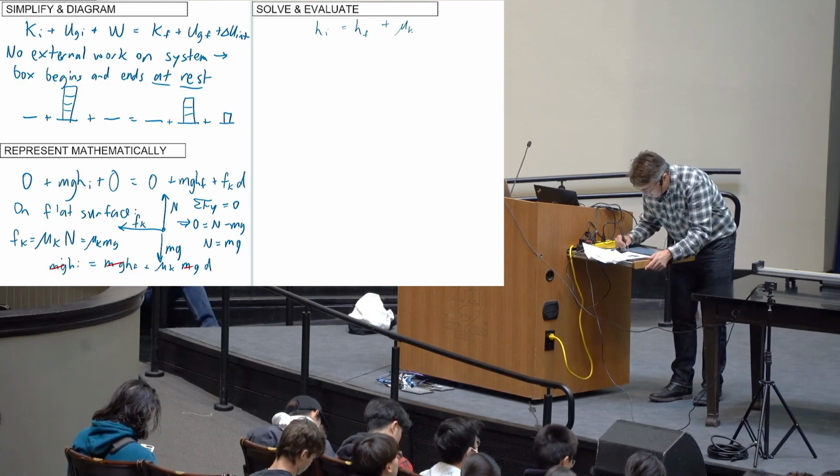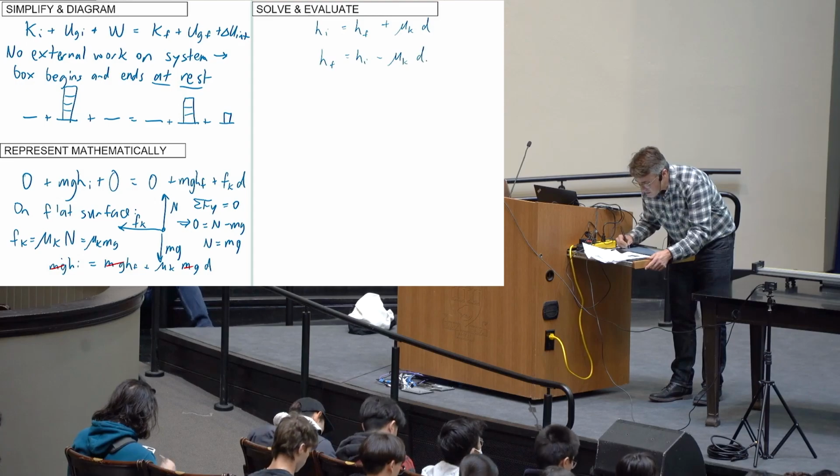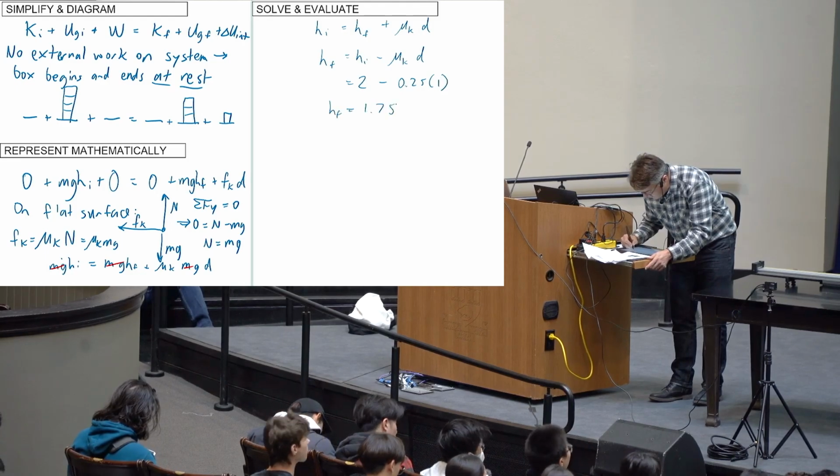We get h initial equals h final plus mu sub k times d. Solving for h final: h initial minus mu sub k times d, so it's 2 meters minus 0.25 times 1. H final is equal to 1.75 meters.